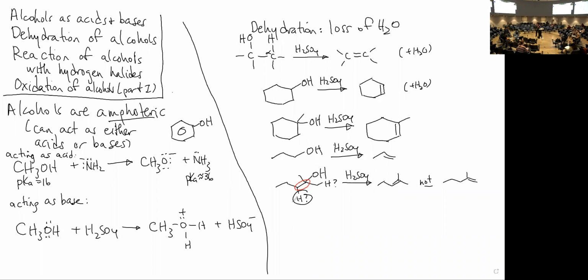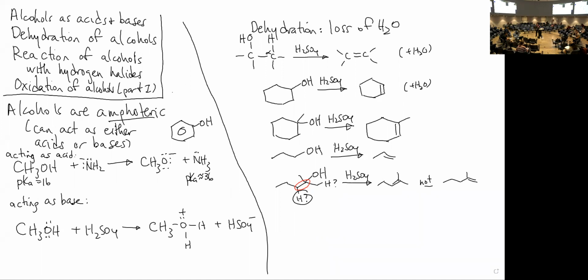In other words, you'll remove one of the H's on this interior carbon. The reason is you get a more substituted alkene. This alkene has 1, 2, 3 alkyl groups attached directly to the alkene. This alkene has only 2 alkyl groups and 2 hydrogens. This one has 3 alkyl groups and only 1 hydrogen.